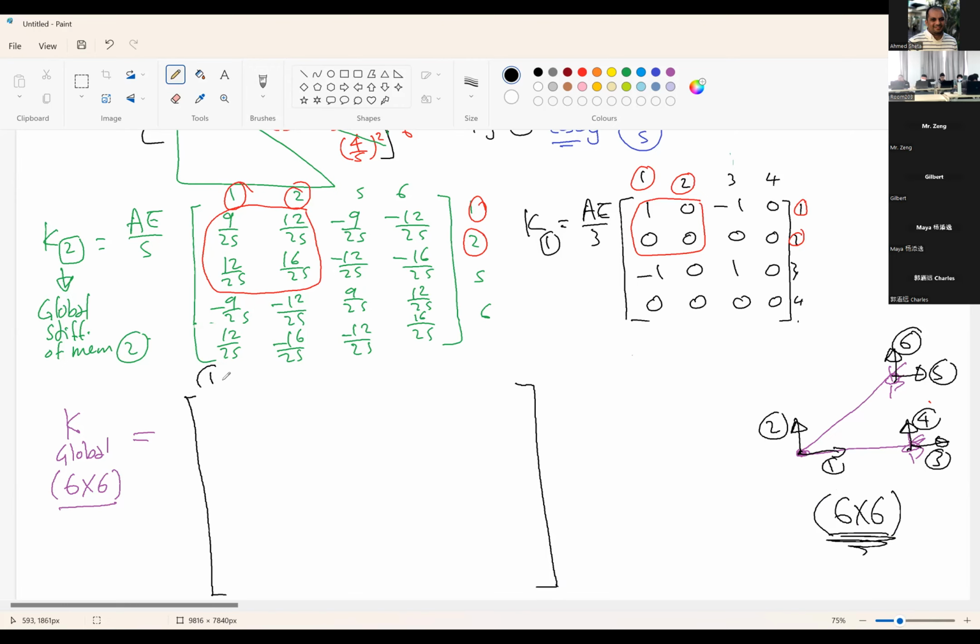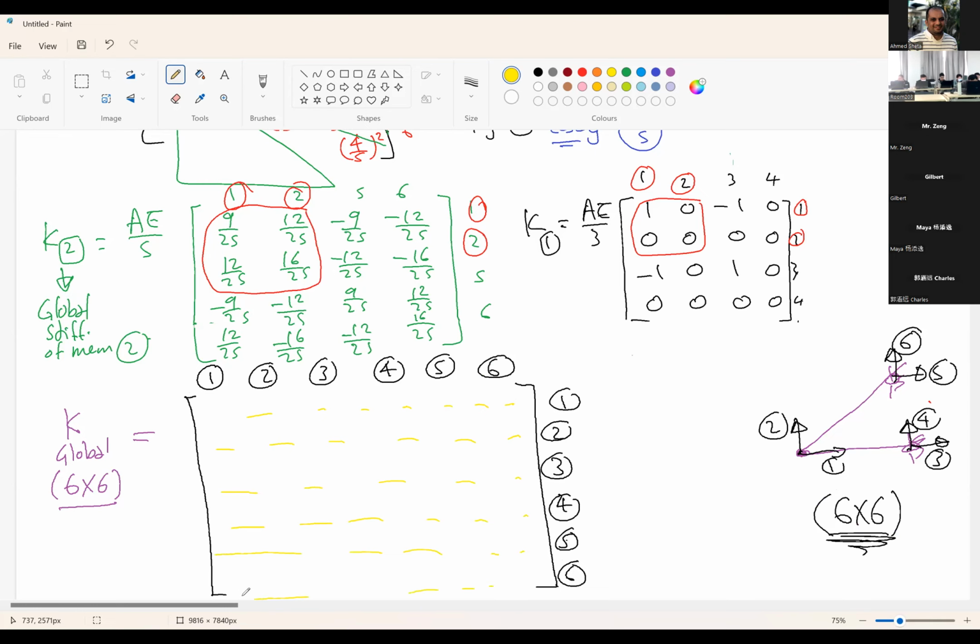we will have 1, 2, 3, 4, 5, 6, and 1, 2, 3, 4, 5, 6. They will write, so the first member is 1, 1.